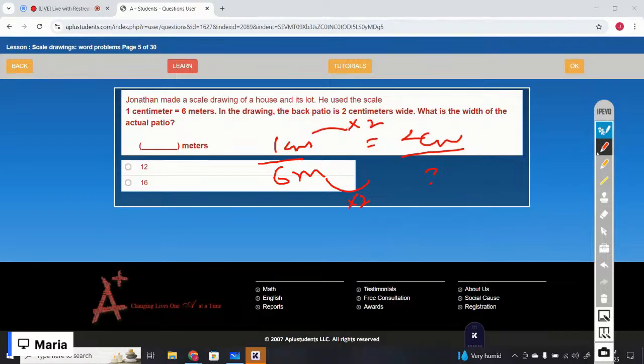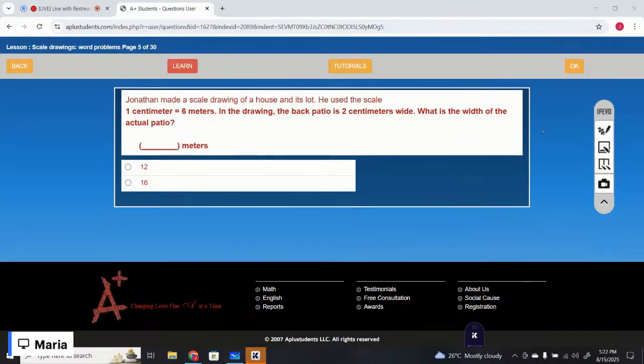So 6 times 2 is 12. So option number 1 is the correct option. That would be 12.